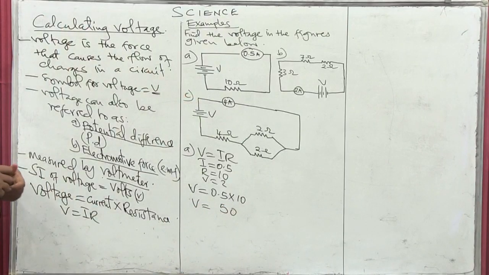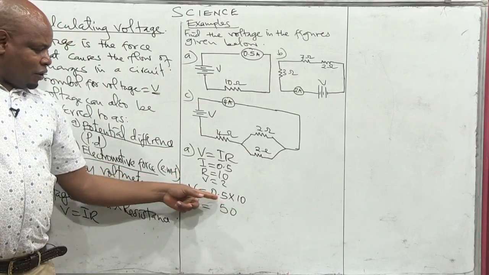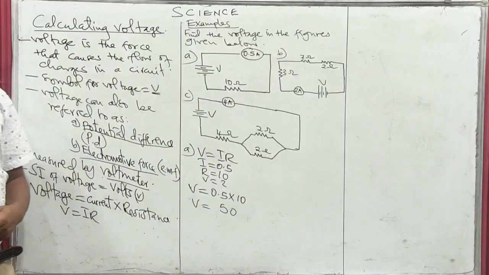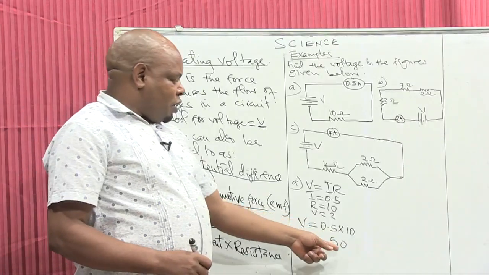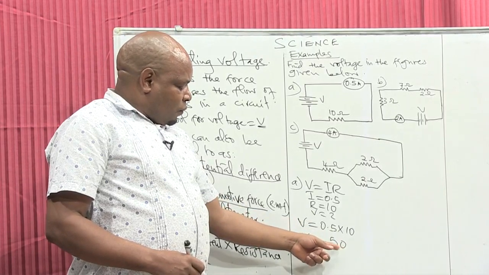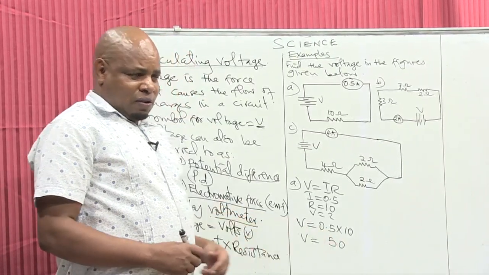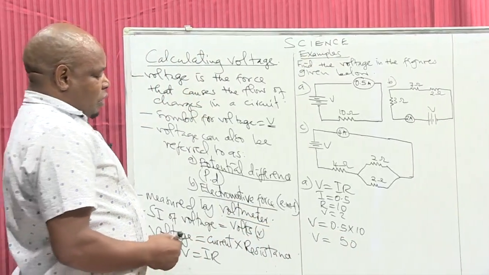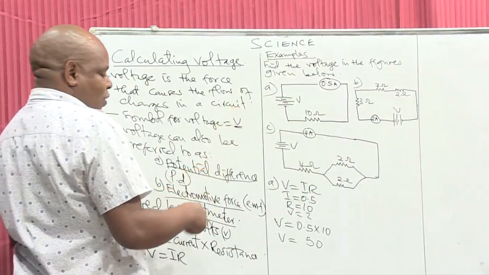But remember, you have one decimal point here, 0.5, so we should put our decimal point after counting from the right.